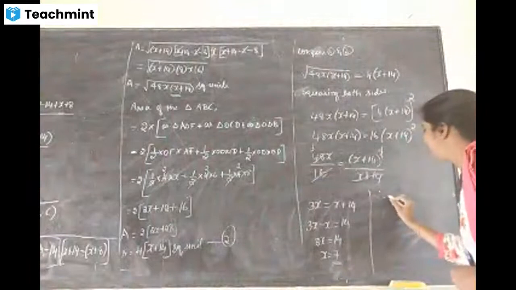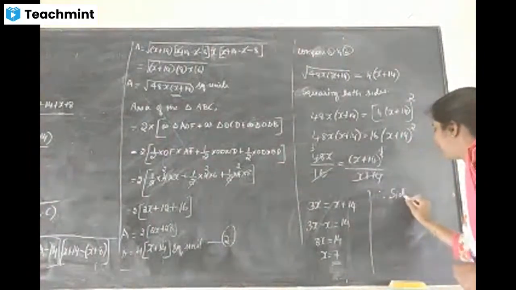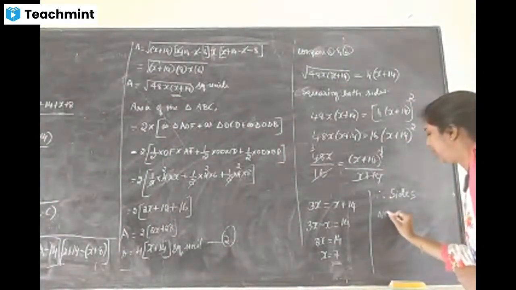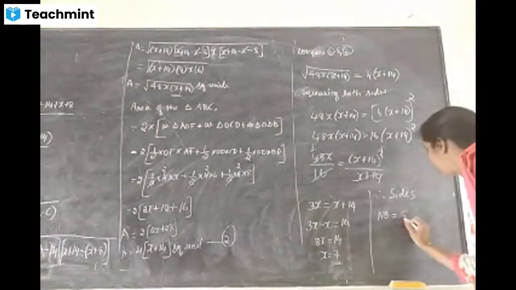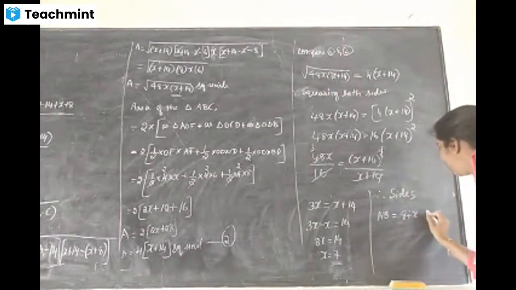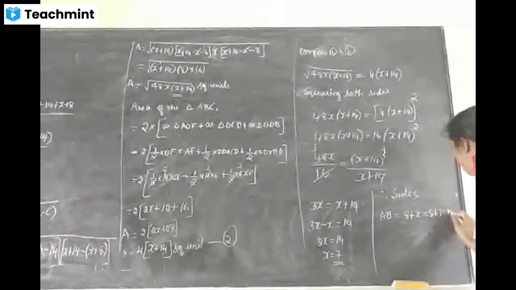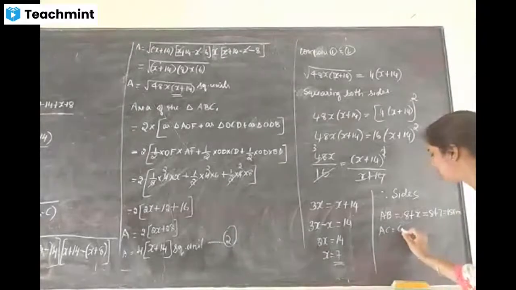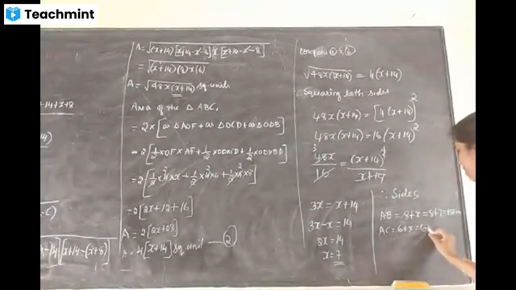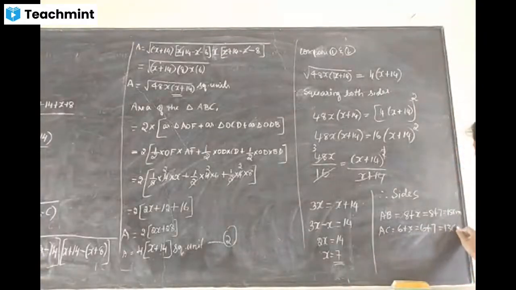Therefore, side AB is nothing but 8 plus x. So 8 plus 7 is 15 centimeters. Then AC is nothing but 6 plus x, that is 6 plus 7, which is 13 centimeters.